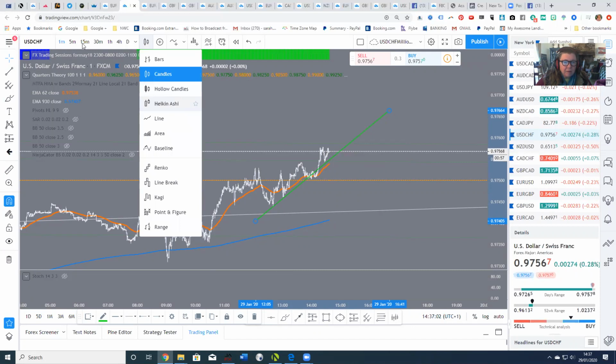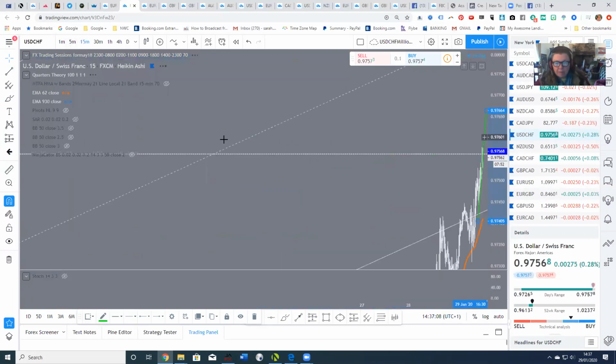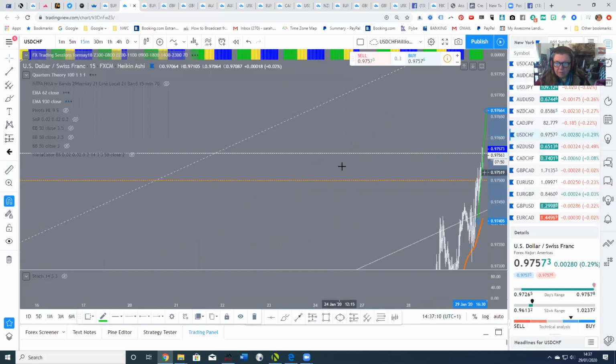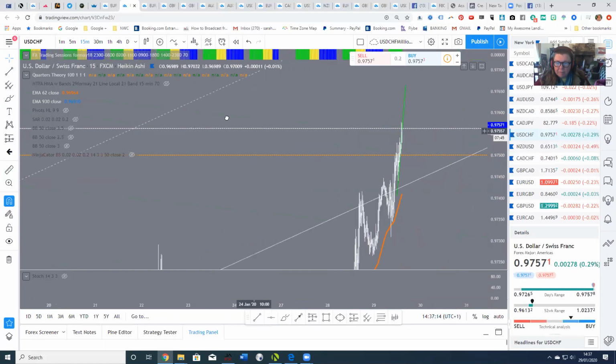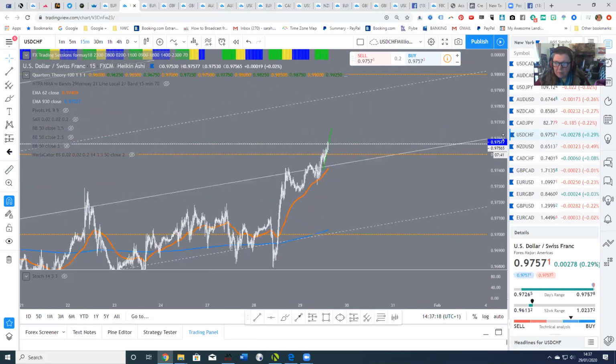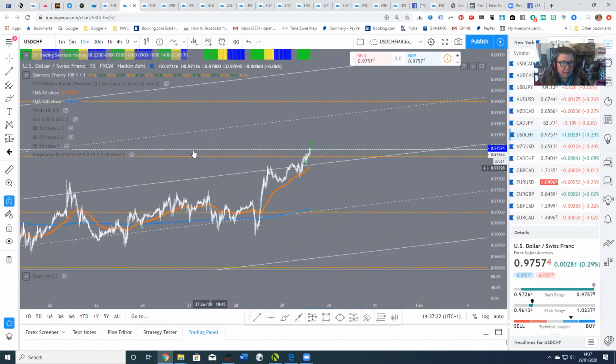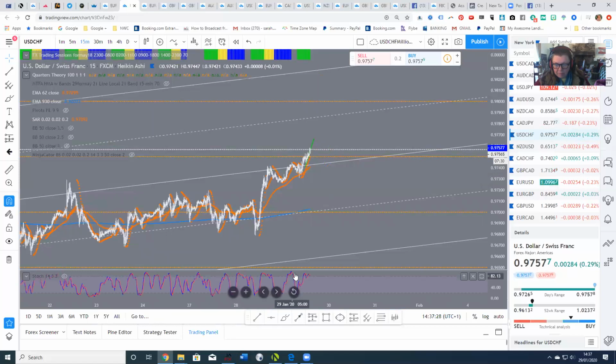Heikin Ashi. Go up to the 15-minute. Flat bottom candle there, I think. And SAR flip. And the stochastic. Let's see what this is telling us.